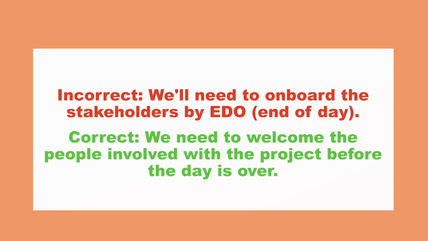A simpler way to say this is, "We need to welcome the people involved with the project before the day is over." This uses easier words and is clearer to understand. Choose clear words like the ones on a road sign, making sure everyone understands the direction without needing a map.